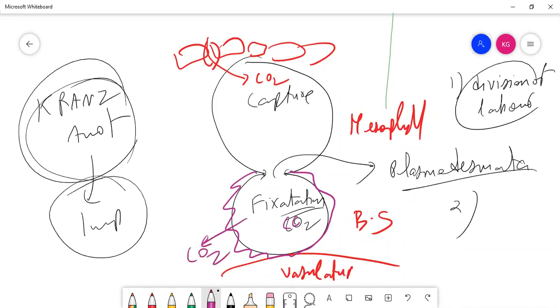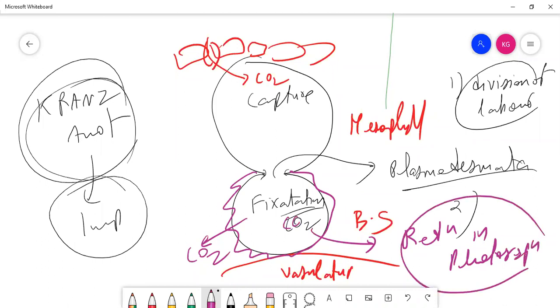That means reduction in photorespiration, and that is also possible because of Kranz anatomy, that we can nearly eliminate photorespiration. Is this clear?